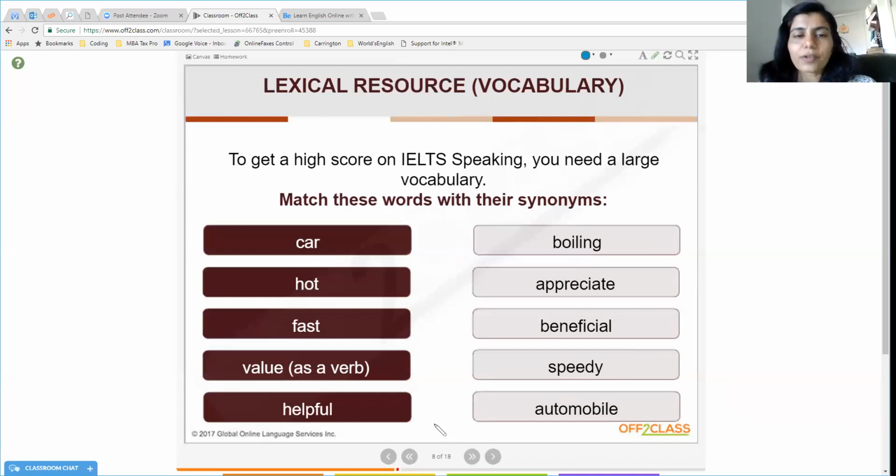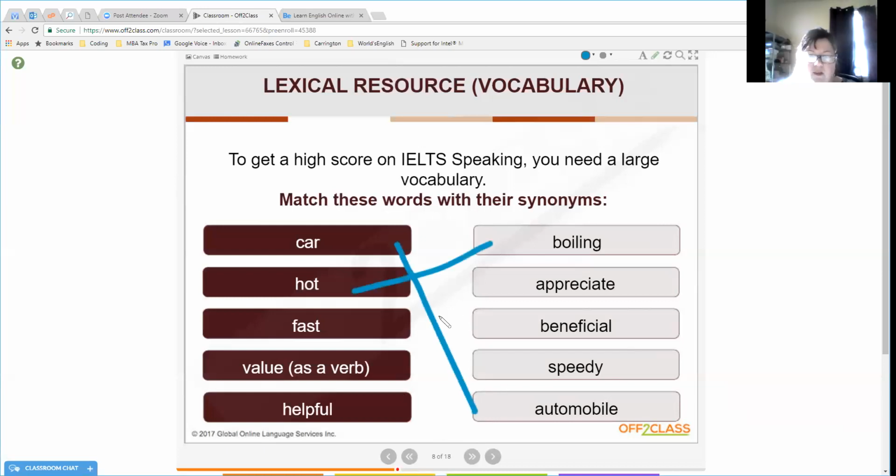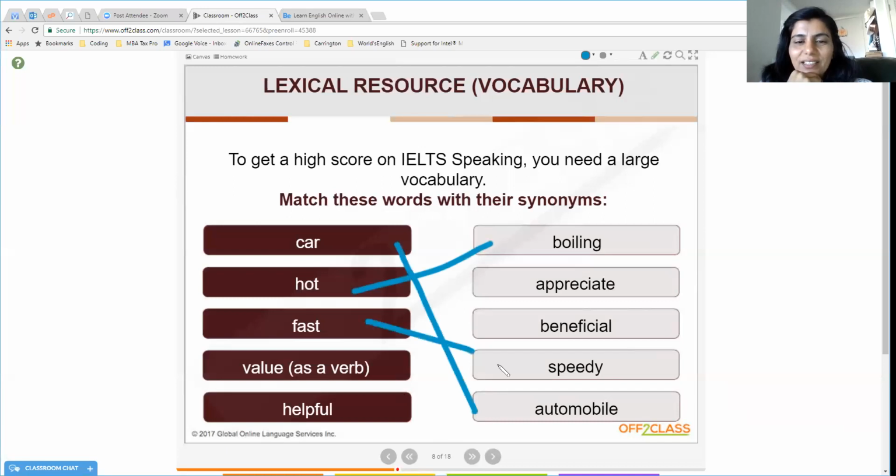Okay, so let's look at some synonyms here. What is the synonym for car? Automobile. Sure. And hot? Boiling. That's very hot, isn't it? Fast? Speedy. Good. Value? Appreciate. Just a minute. As a verb.